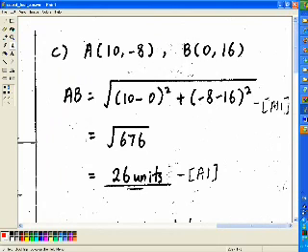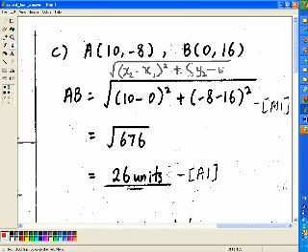Still remember the formula? x2 minus x1 square plus y2 minus y1 square.